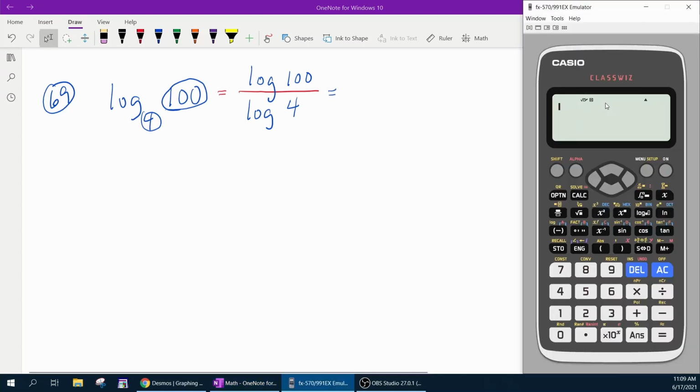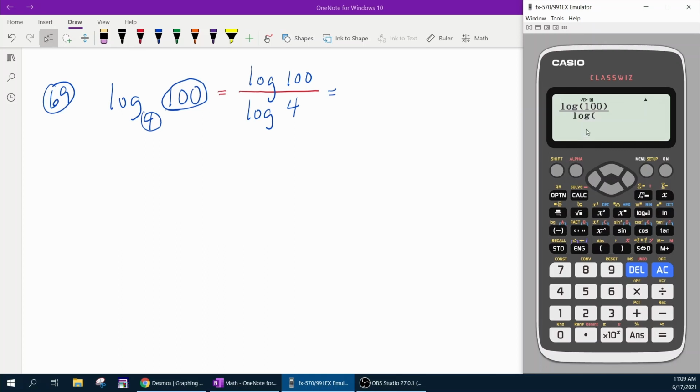And then we can bring up our handy dandy calculator, and I'm going to do this like I didn't have this special button. I'm just going to do the regular log button. Now notice we do want to do a fraction, so I'm going to use the fraction button. Shift and negative for log. Don't forget to close your parenthesis and then move down.